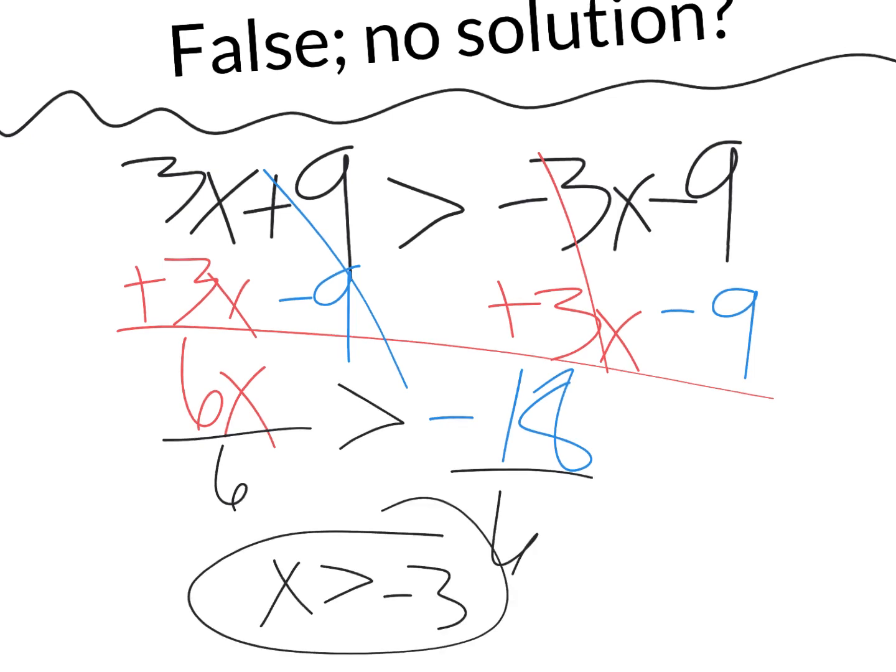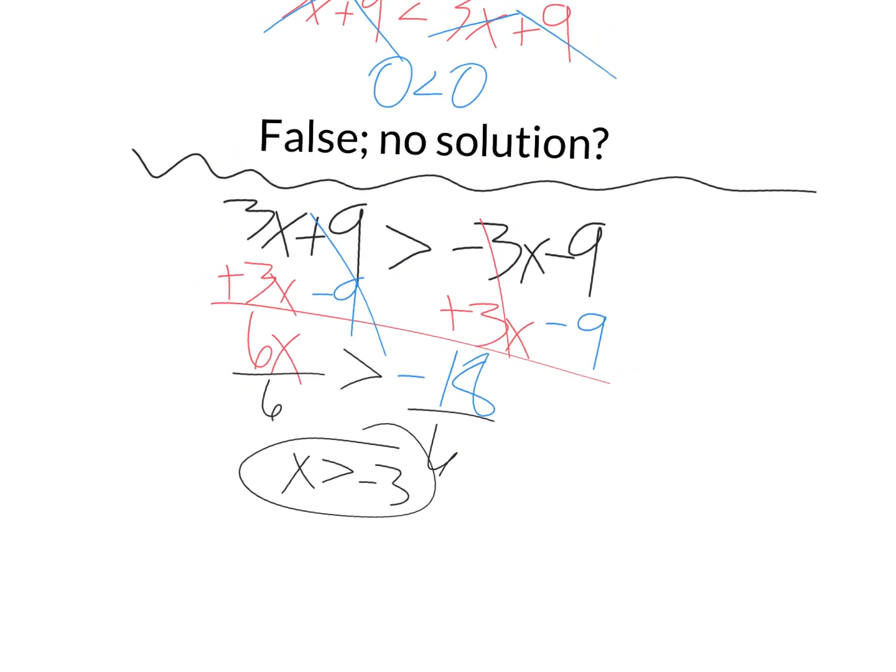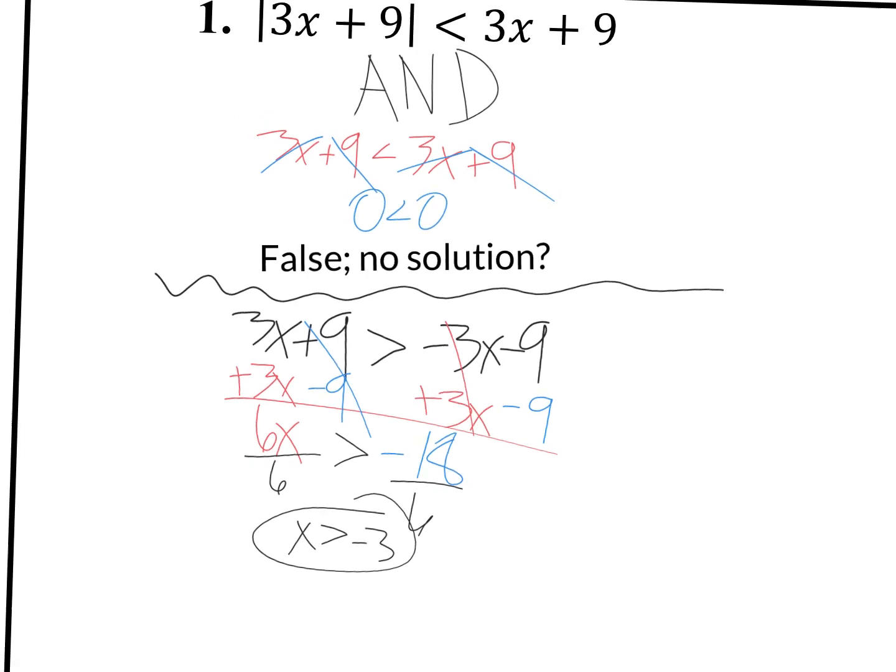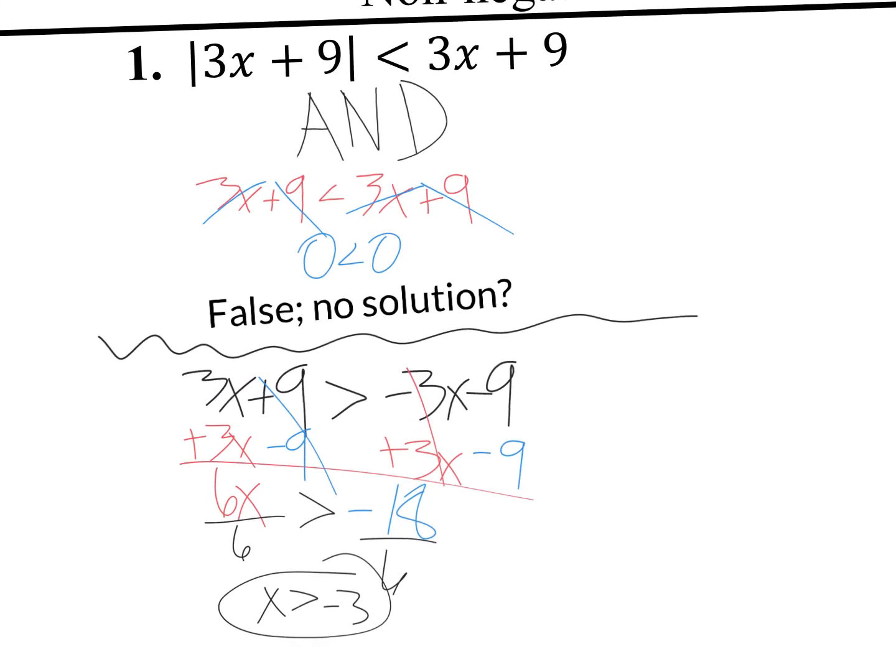And so you'd think, well, that's great. So why isn't that the answer? The reason why it's not the answer is because when something is an and problem, that means both scenarios must be true. So how is it possible that you can be greater than negative 3 and be no solution? That doesn't make sense.